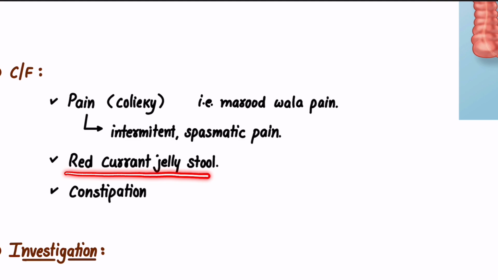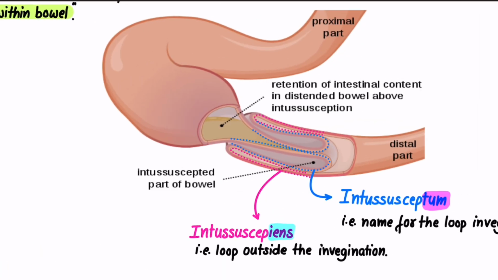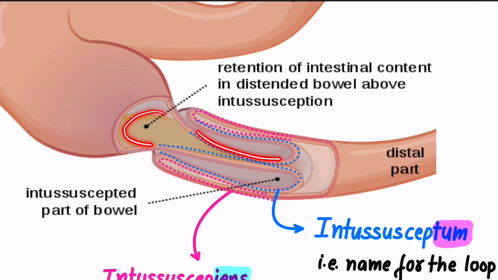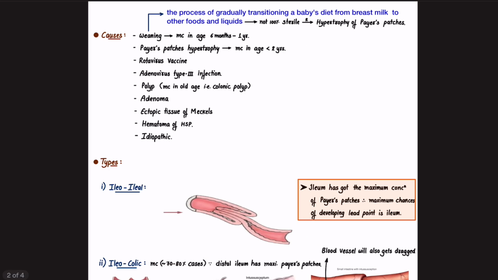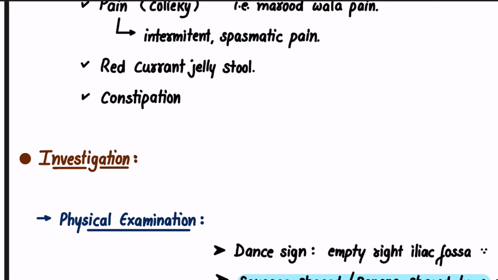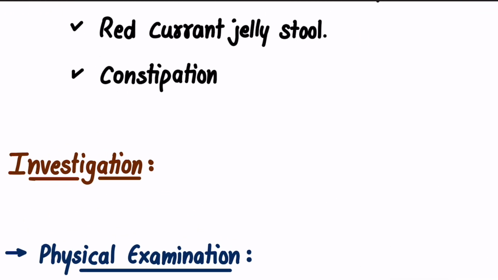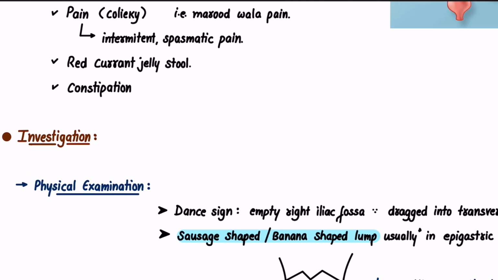The stool is red currant jelly, which resembles a fruit, and there is constipation, since due to invagination, the content of the proximal intestine won't move into the distal part normally. There can also be other intoxication symptoms like vomiting and nausea.